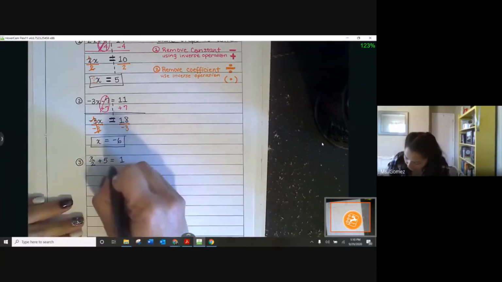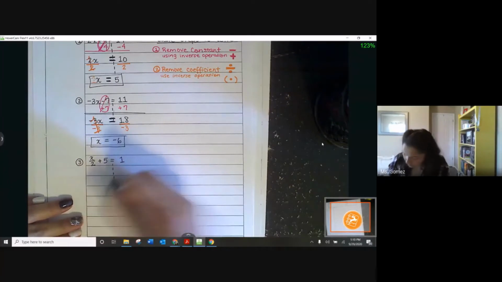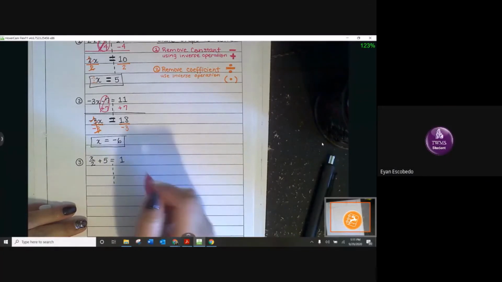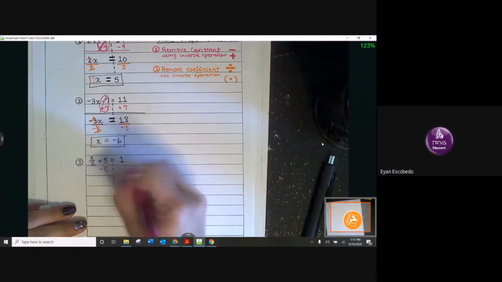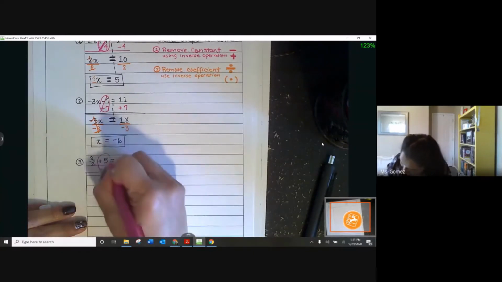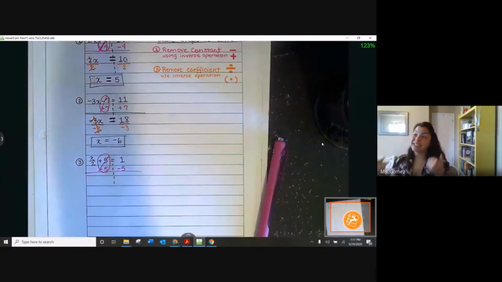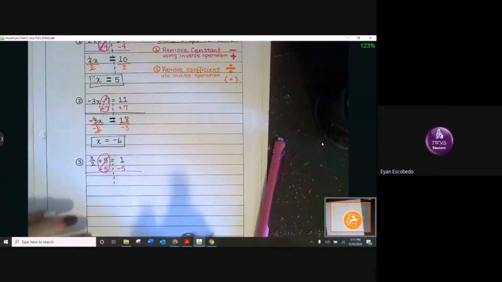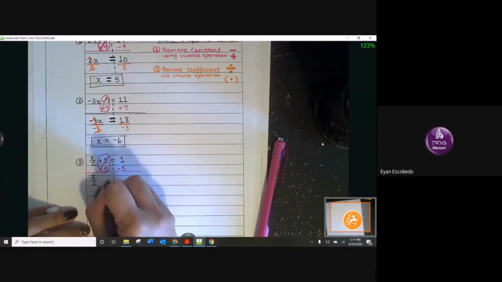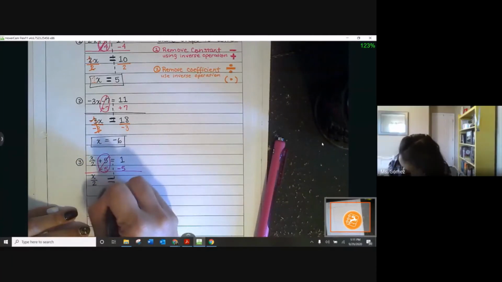Subtract 5 from what and what? Positive 5 and 1. Again, we have a big fat 0. So what do I bring down? The x over 2. The equal sign.